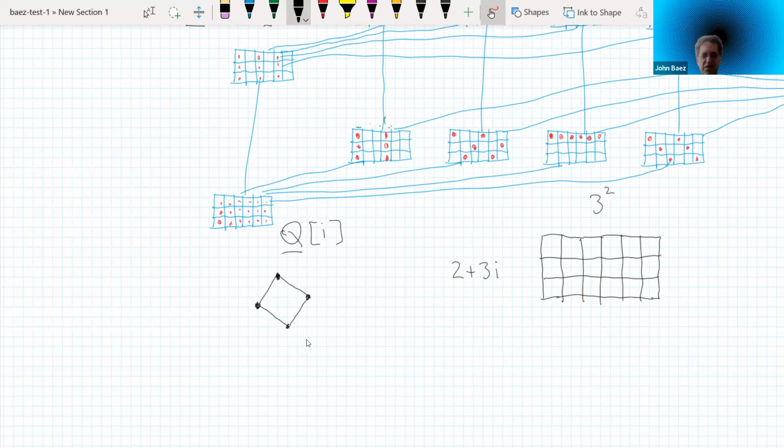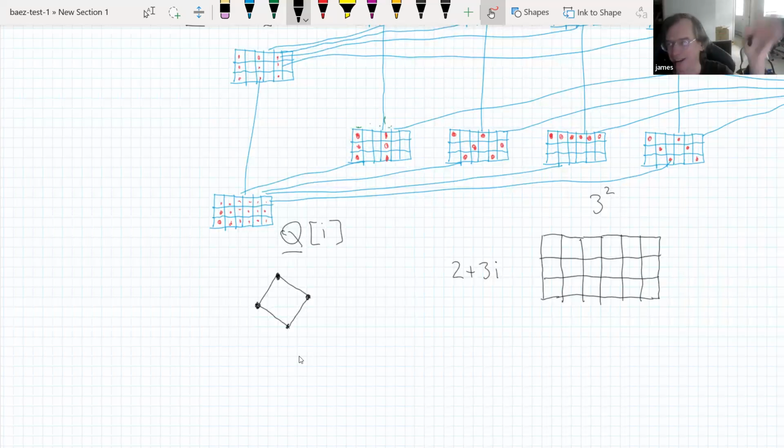Is that the smallest one you could find, by the way? It's the smallest one with some property, I guess the property of not being an ordinary prime. Or at least it's the smallest one I found.